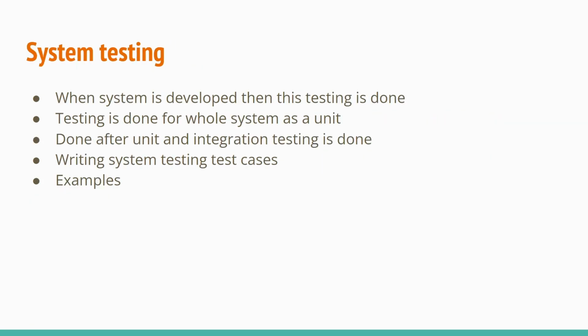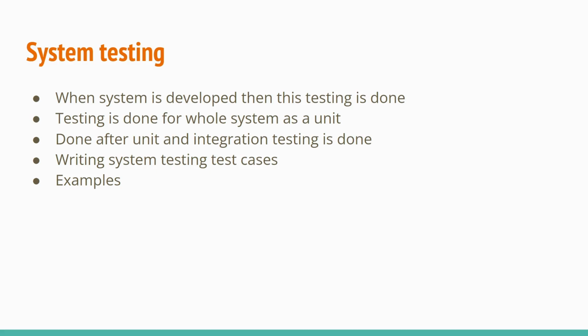So now at the end, system testing. System testing is the overall testing of the system. So whenever we build an application or software, right? The whole software as a single unit is known as the system.